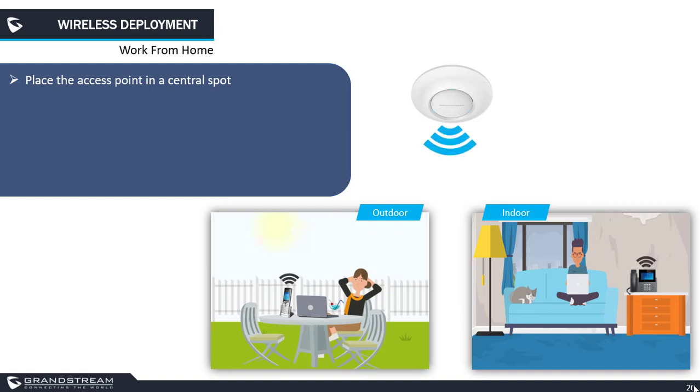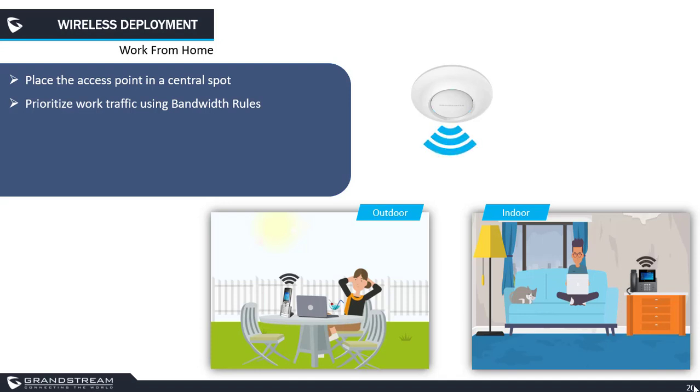Especially when you need access to your wireless connection from outdoors, like you have a backyard and sometimes you do your work in the backyard using the wireless device, you need to make sure that you have enough signal strength there.